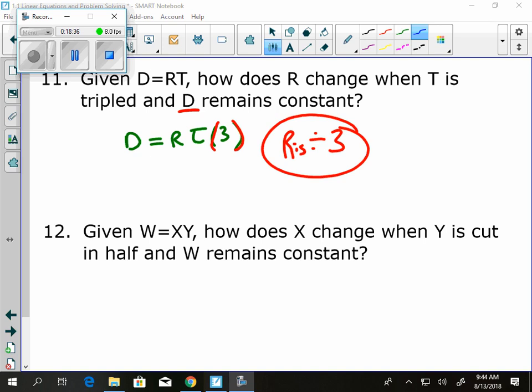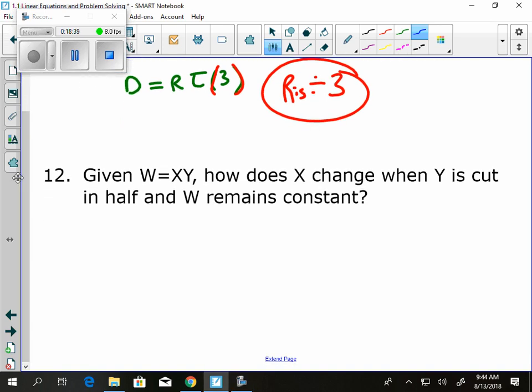Okay, so let's look at the next one. How does X change when Y is cut in half? What do I do to something to cut it in half? Divide by 2. Or you multiply by half. That's okay. Let's divide by 2. So is X on the same side? Do we do the same or opposite?